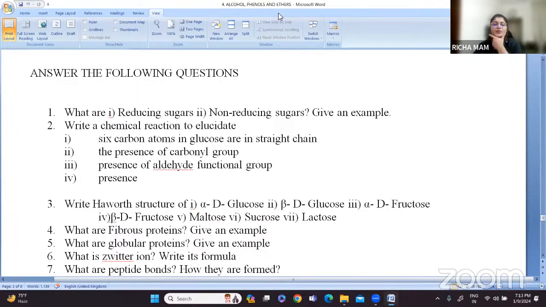Okay, fine. So what are reducing sugars? Reducing sugars are those which reduce Tollens' reagent and Fehling's solution. Why does it reduce Tollens' reagent and Fehling's solution, students?